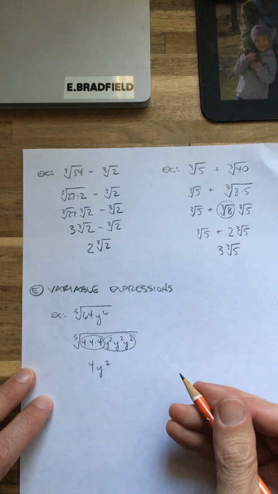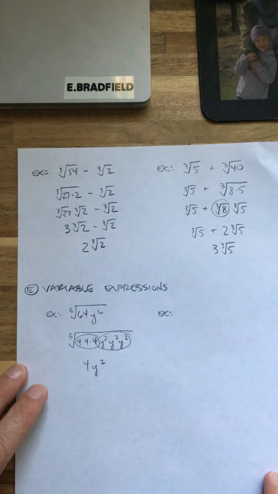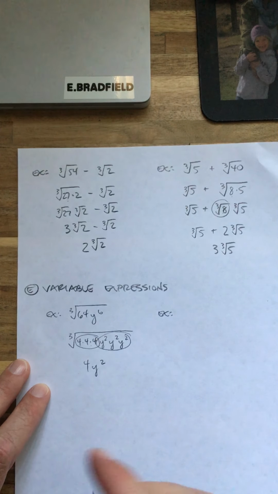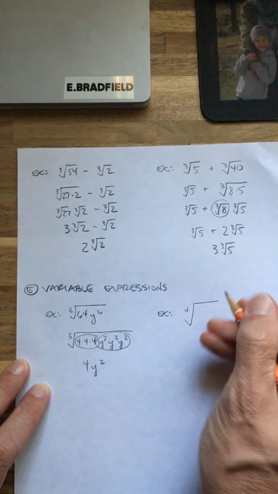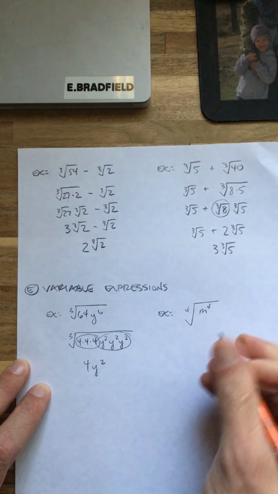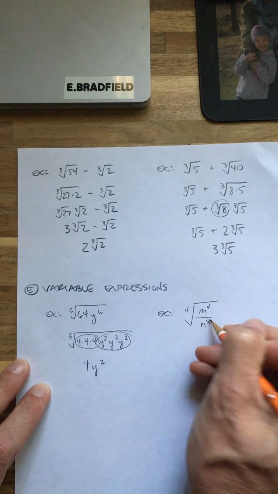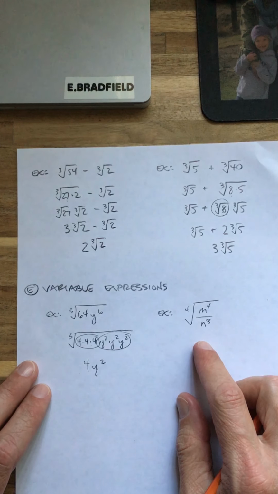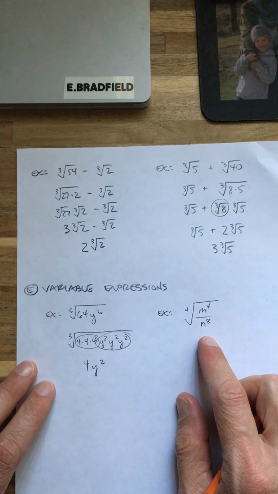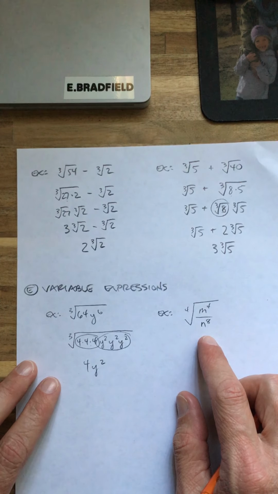See if I can do 2 more. Example. We have, let's do this. The 4th root of m to the 4th over n to the 8th. What I'm going to do is I'm going to just turn this into rational exponents.